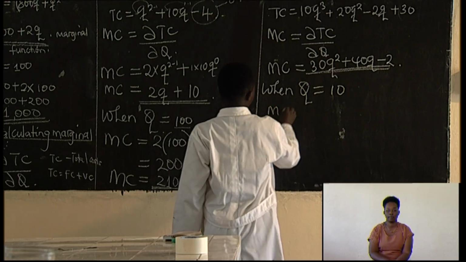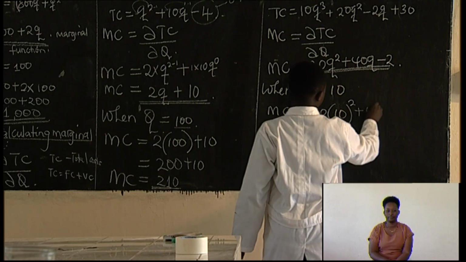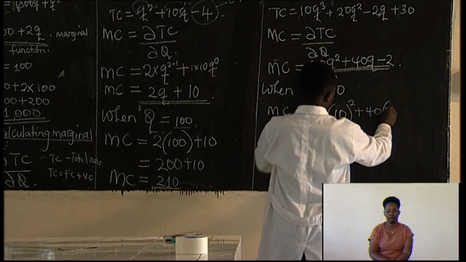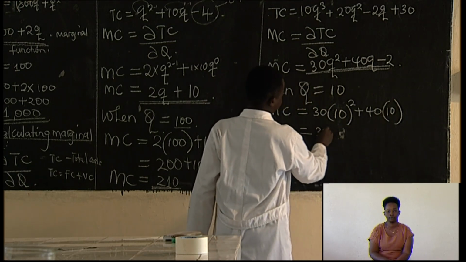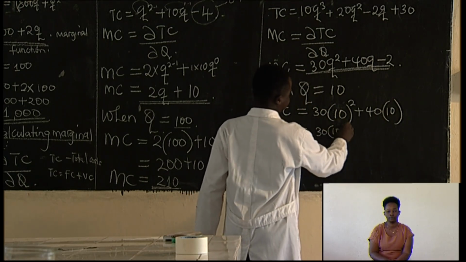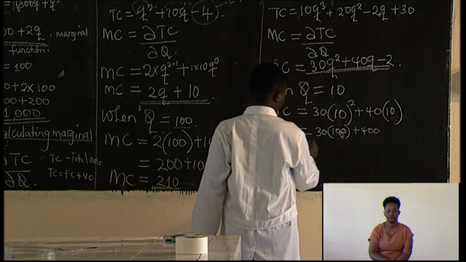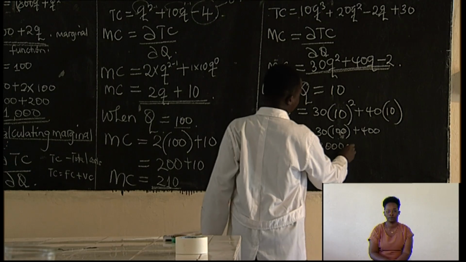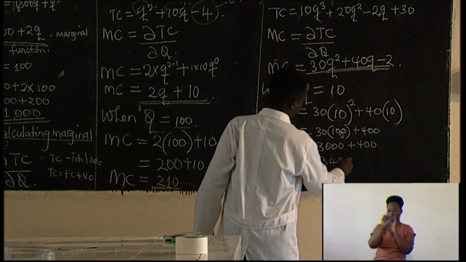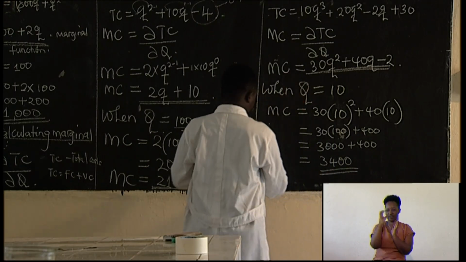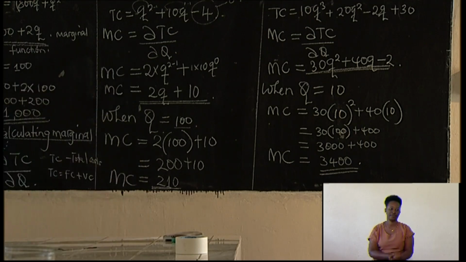Our marginal cost will be 30 times 10 squared plus 40 times 10. 10 squared is 100, so 30 times 100 is 3,000, plus 40 times 10, which is 400. This gives you 3,400. This is your marginal cost.